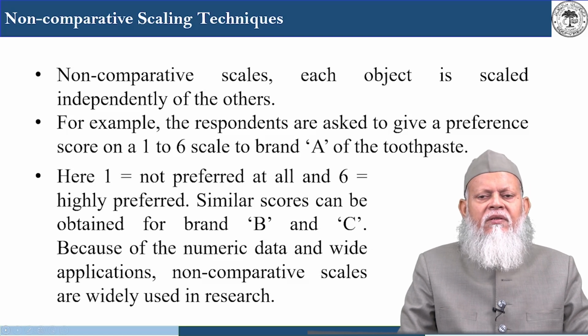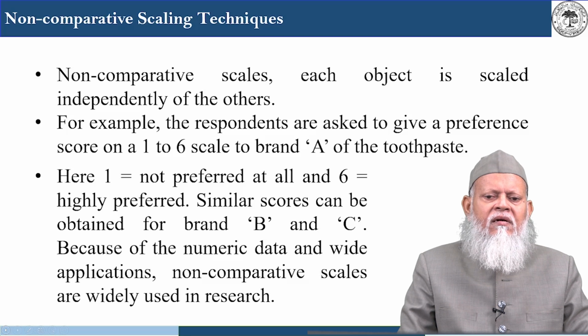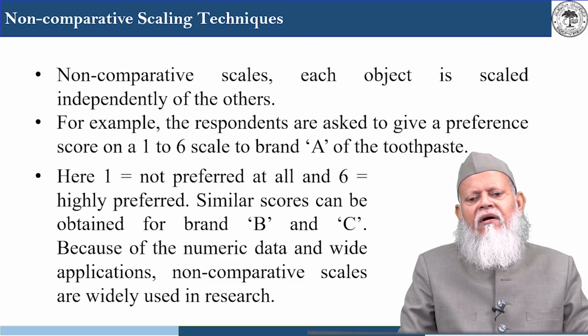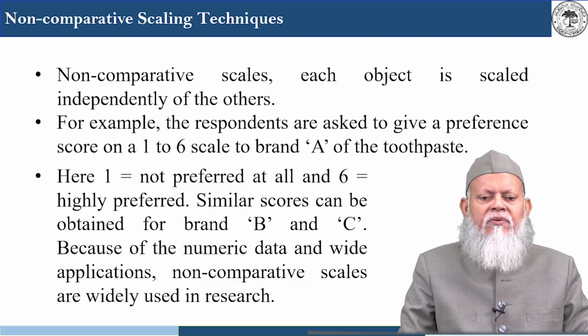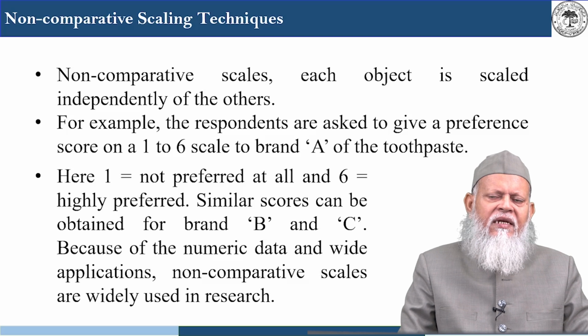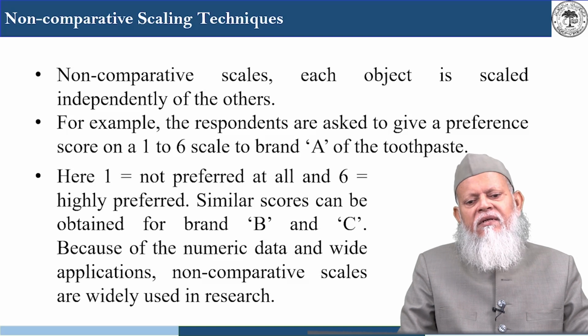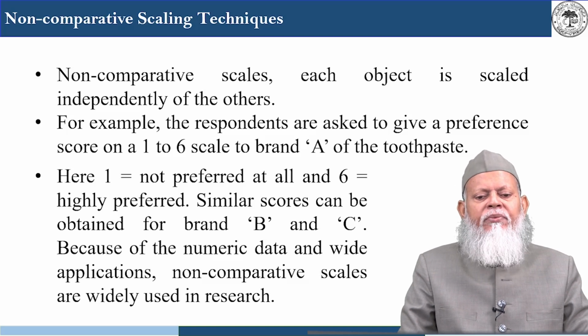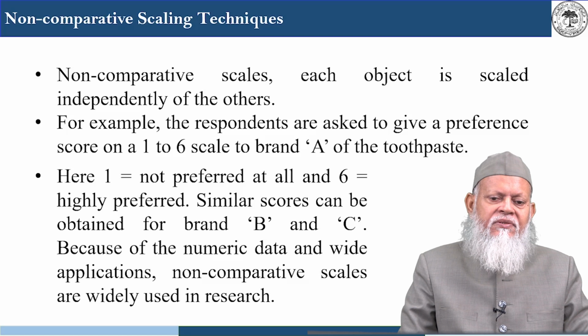The respondents are given this scale, say 1 to 6, for brand A of the toothpaste. Here 1 is the least score and 6 is the highest score. 6 means highly preferred and 1 means not preferred at all. And similar scores are obtained for other stimuli.